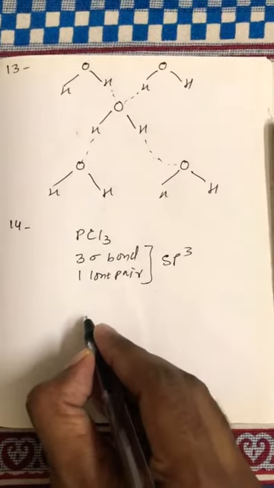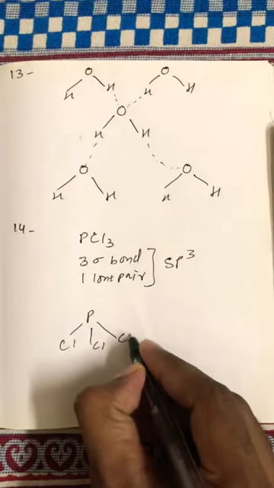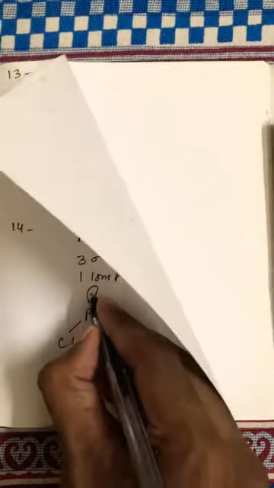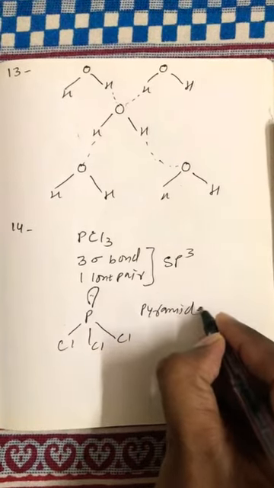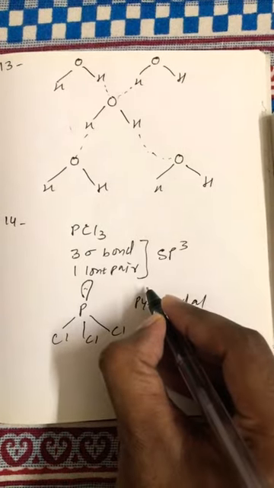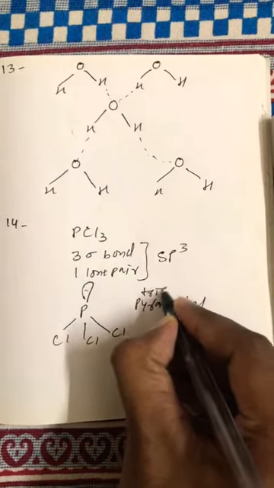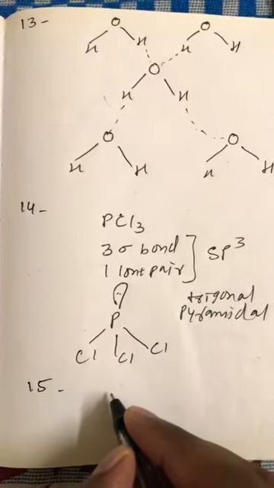So sp3 hybridization with 1 lone pair will give pyramidal shape, and to be more appropriate, it is trigonal pyramidal.